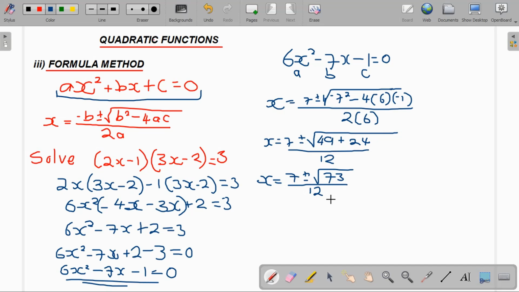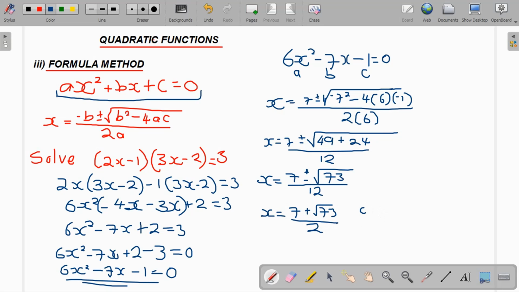That's what we have. Therefore we are going to split the sign, because the signs we have here are positive and negative. So we're going to split one equation into two. So we're going to say x is equal to 7 plus the square root of 73, and then divided by 12.